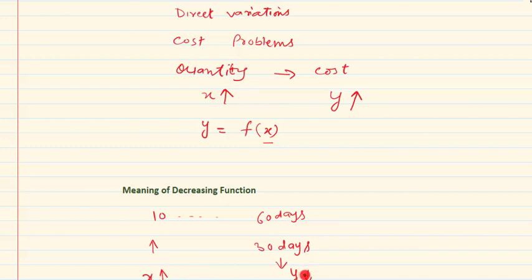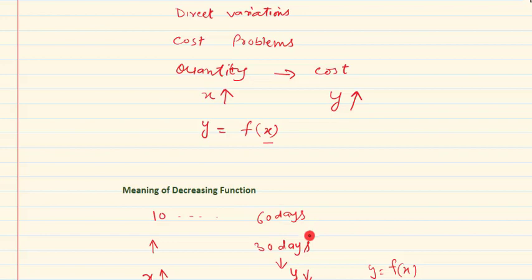If such type of changes are there in the function, then it is called a decreasing function. Suppose the function is y = f(x), then if with the increase in x, y decreases, or with the decrease in x, y increases, then it is called a decreasing function.